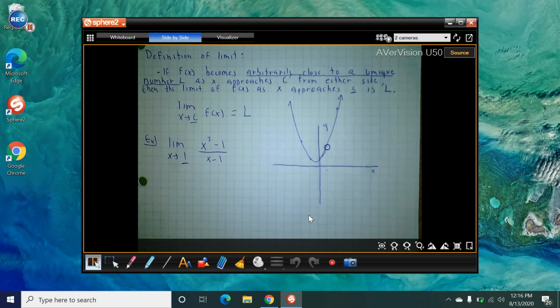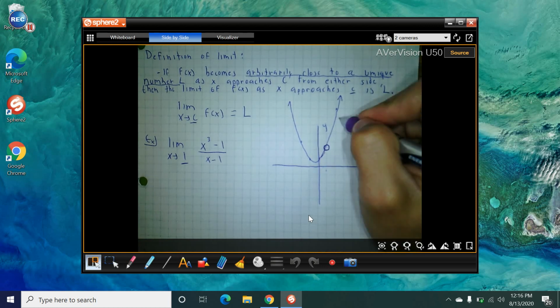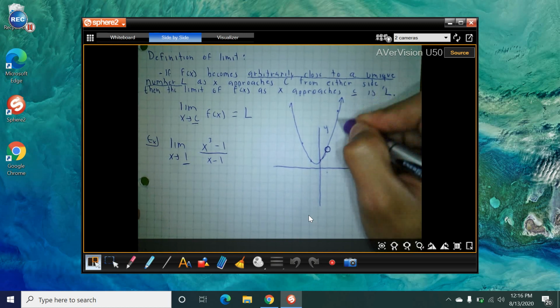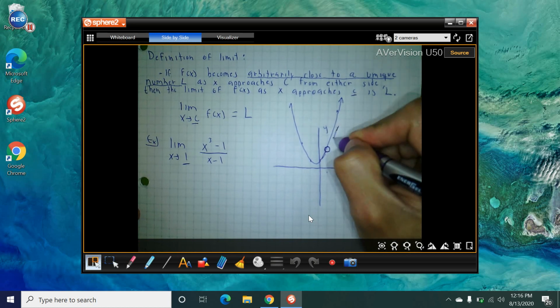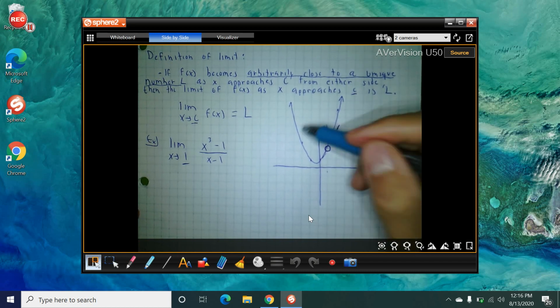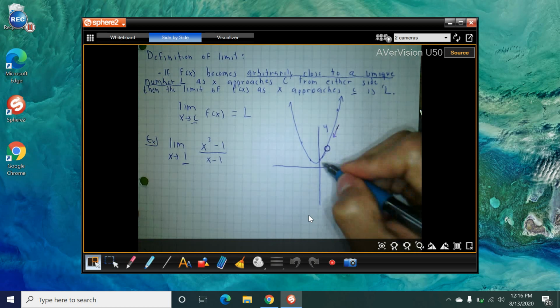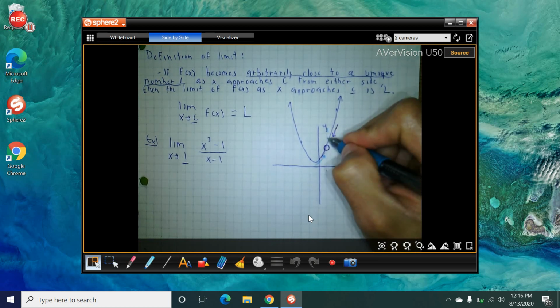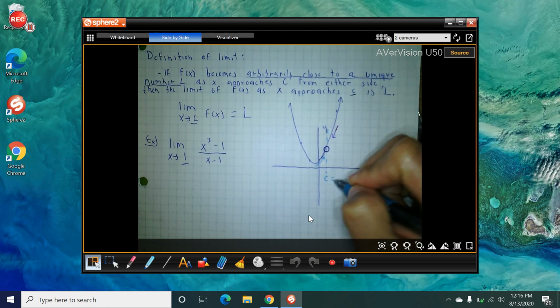So if you analyze this, left and right would be like, pretend you're walking on this graph, and you were walking along this graph, then you would be coming this way, right? And your friend is actually walking on this side, and would be coming on this side, right? But notice how you guys are both approaching this one value right here, which we're going to call c, which in your case, it's 1.